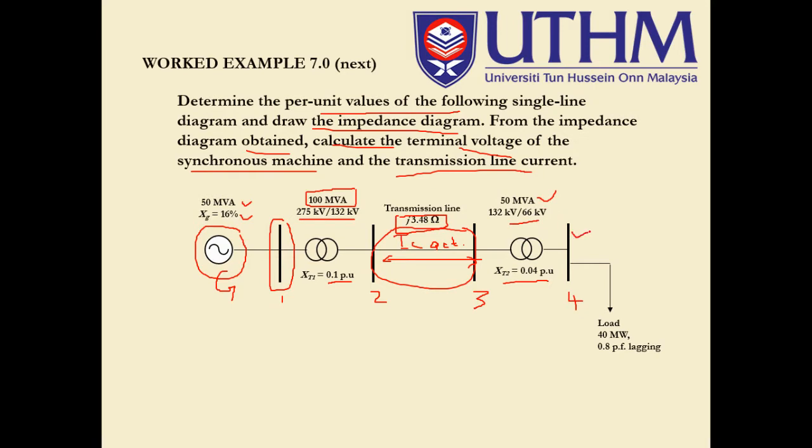This is bus bar number 4, and then the load, where the real power, the actual power, is given as 40 megawatt, as well as the power factor, the cos theta, which is 0.8 power factor lagging.